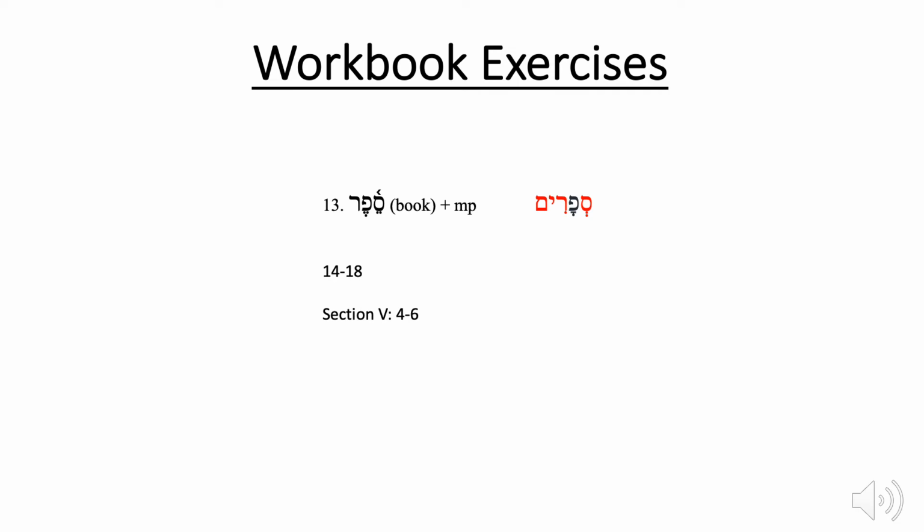In Section 4, Part 4 of your workbook, you are asked to conjugate the given noun according to the designation found after the noun. For instance, number 13, you are asked to conjugate the word sefer, meaning book, to the masculine plural conjugation. This will require adding the regular masculine plural ending of hirik yod mem. However, sefer is a segolet.